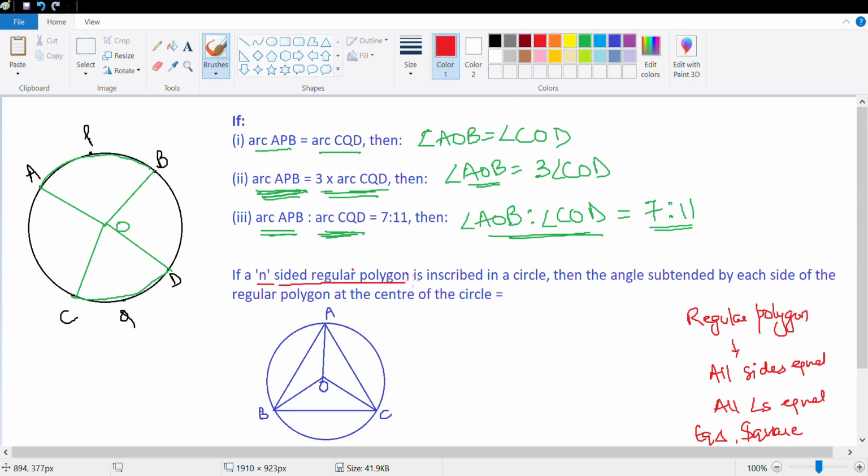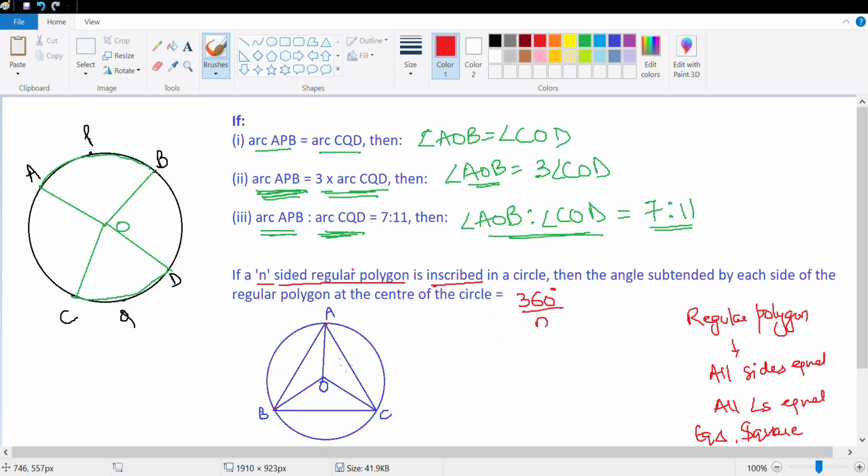If an n-sided regular polygon is inscribed in a circle, which means the circle touches all the vertices of the polygon, then the angle subtended by each side of the regular polygon at the center of the circle is given by the formula 360 degrees upon n.